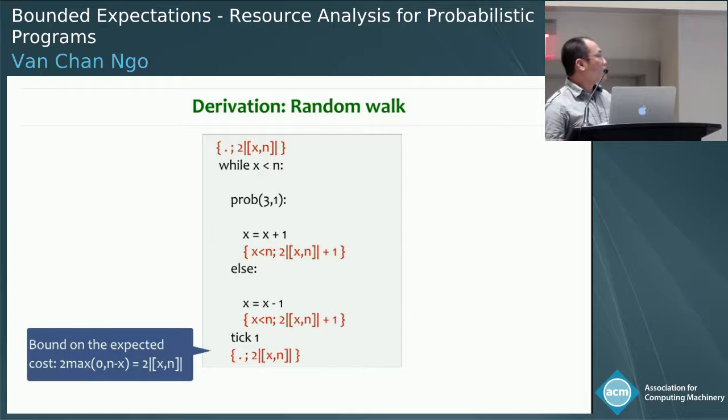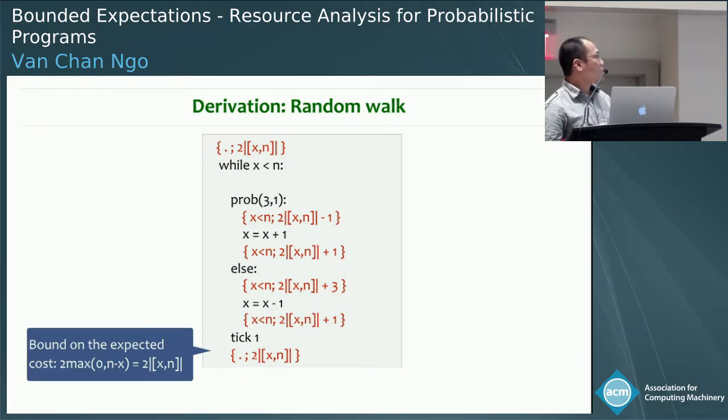Next, we execute the assignment x equals x plus 1. Because this assignment changes the program state, we have to transform this potential function to account for this. So we transform this potential function into this potential function. You can check that if you replace the x here by x minus 1, you obtain this function, right? Similarly, for the second assignment x equals x plus 1, I have to transform this function into this function.